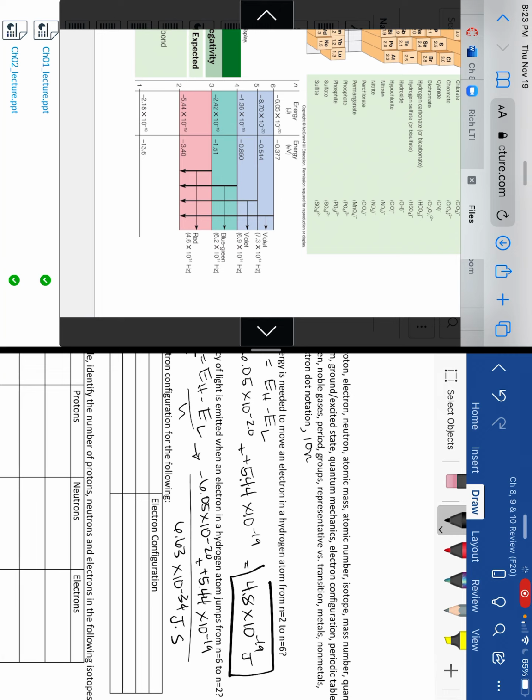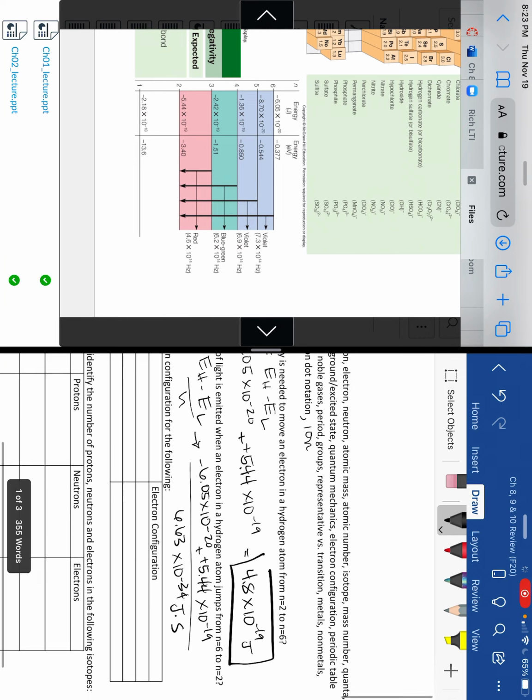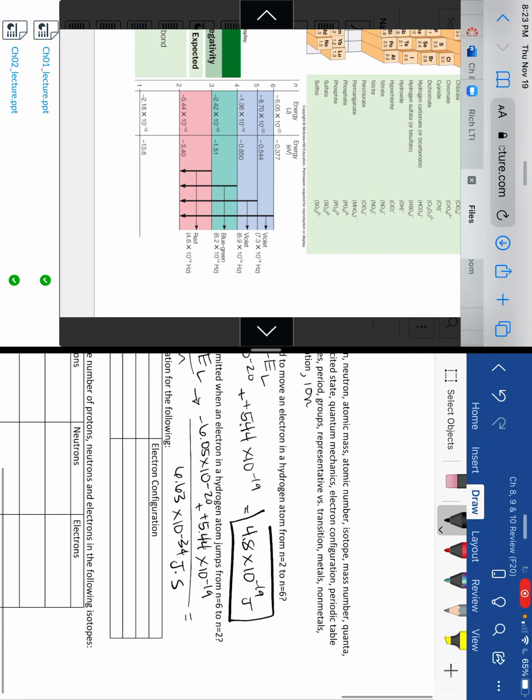You guys hopefully can be typing this in at the same time as me and see if you're getting the right answers, because these are the hardest ones on this test, dealing with these crazy exponents. And this will be in hertz. So 7.29 times 10 to the 14th hertz.